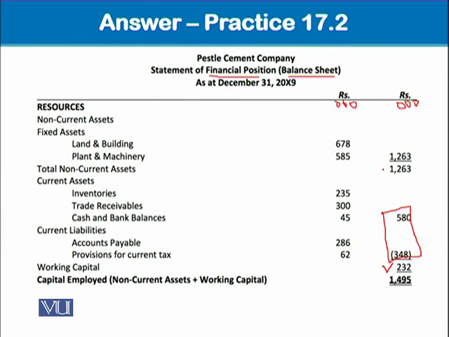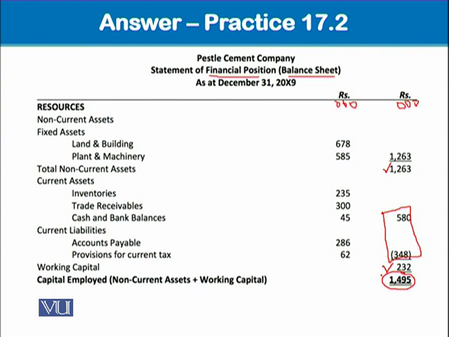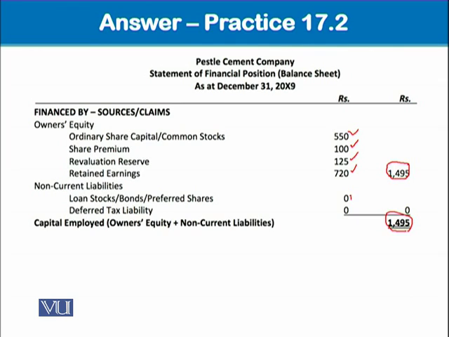This working capital is added to the non-current assets so that our owner's equity, which was the same 1495 as we had already worked out, is equal to our total assets over here. Why owner's equity? Because we don't have non-current liabilities in this scenario.